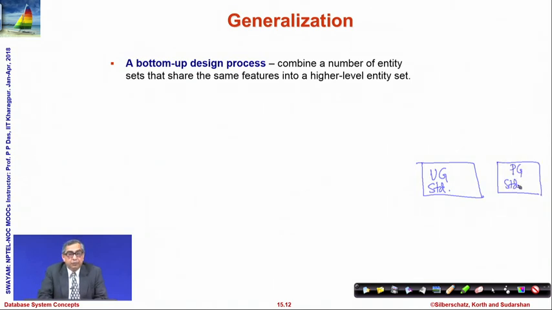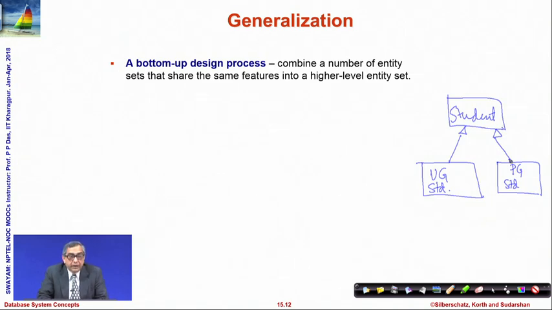Both of them are students, and naturally they are disjoint. A person cannot be a UG as well as a PG student at the same time. And once you represent that, you find that there is a lot of information which is common between these two entity sets, like the student roll number, name, and so on. So, instead of having them as two separate entity sets, you could extract out the common attributes and put them at a higher level entity.